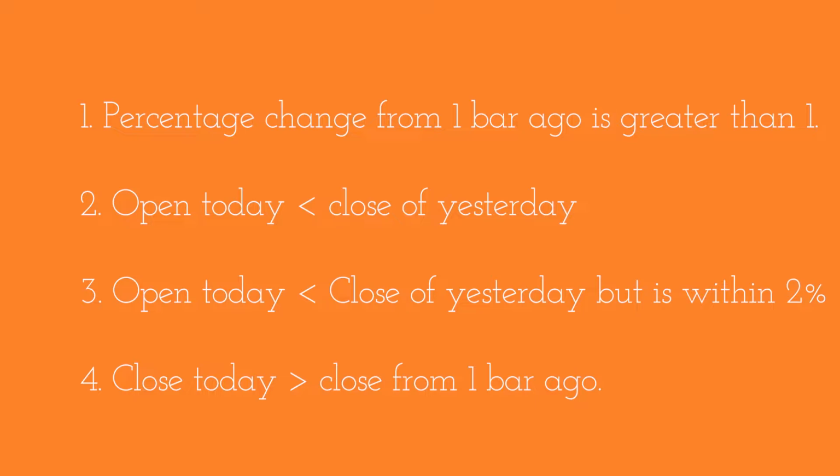The third condition is that the open today is less than the close of yesterday, but we want it to stay within 2%, right? So we don't want the open today to be more than 2% below yesterday's close. And finally, we want to make sure the close today is greater than the close from yesterday, right? So basically, it opened in red but closed in green.